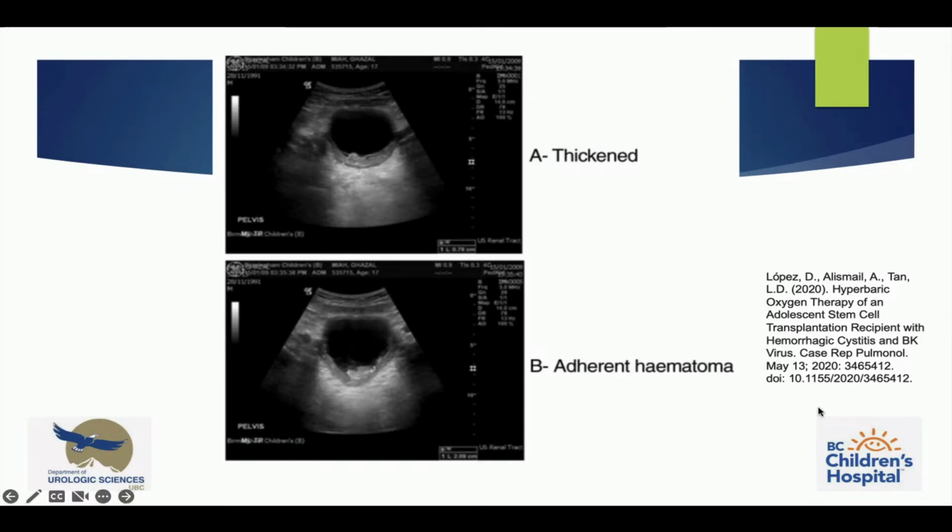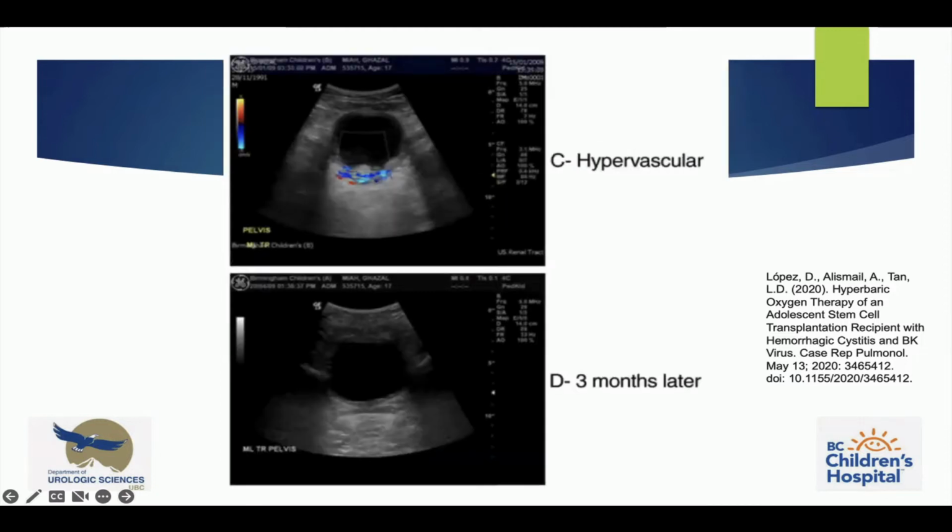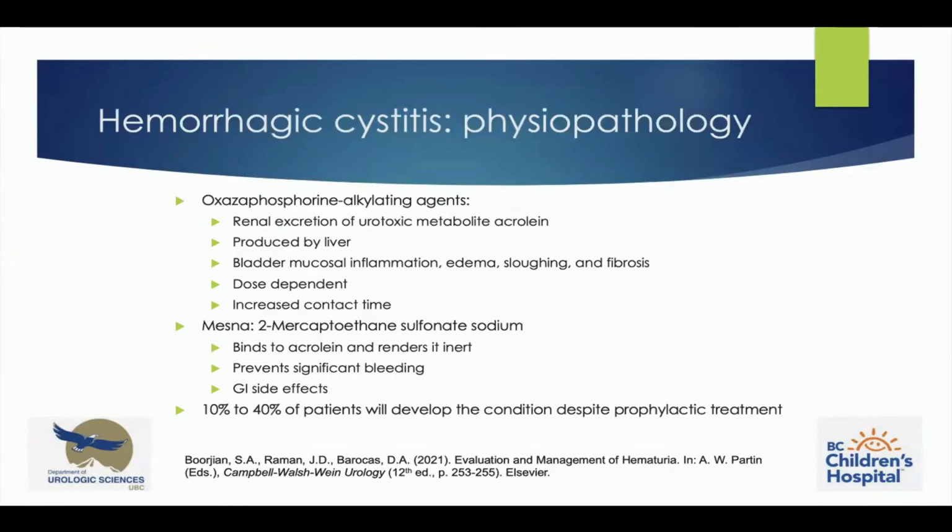And then there is some hematuria and eventually some adherent hematoma that we can see on the second ultrasound image. So eventually this causes a hypervascular state, which we see in the Doppler. And 3 months later on this image, the process has resolved. But again, just to show that this can be visible on imaging, and not just with cystoscopy, of course.